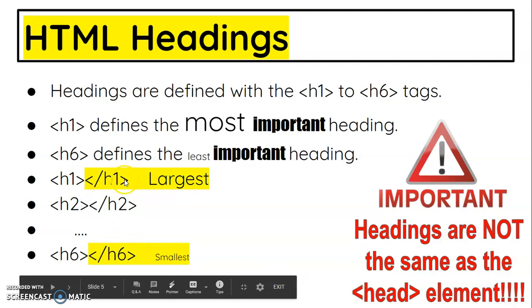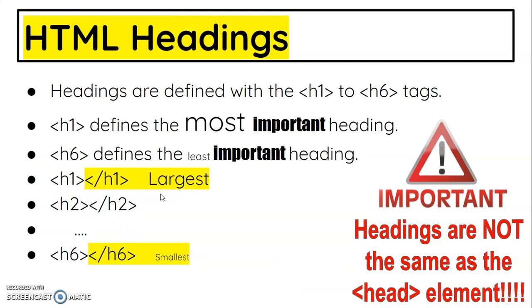Headings are different. Headings are the first thing that a user sees when they open up a web page. It's usually huge up at the top, and it's usually an H1 line is the very first heading that you put in because you want that heading to grab the user's attention, so you want it big. And an H1 heading is the most important, and it's also the largest.